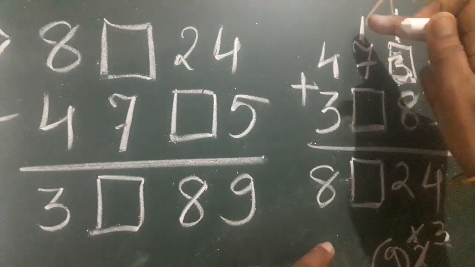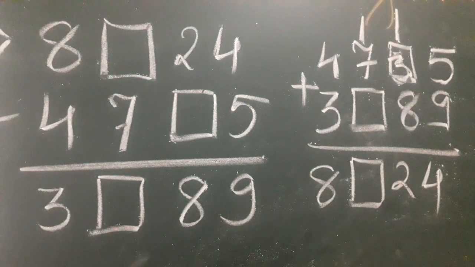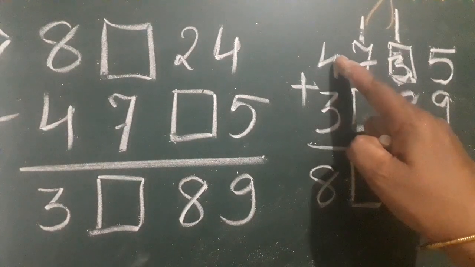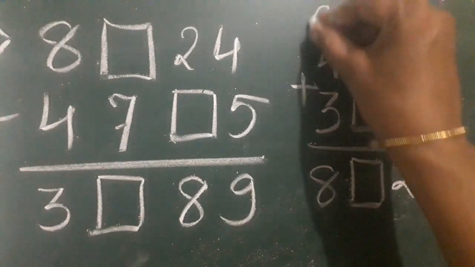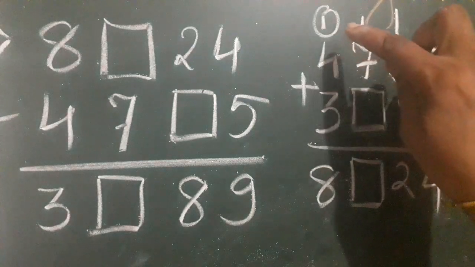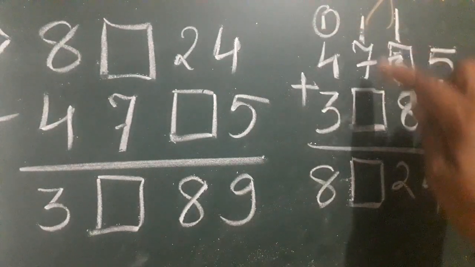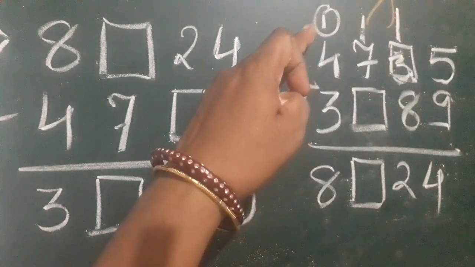Now here 7 plus 1, 8. Now what happens here? Okay, this is 8. Here this is 4 plus 3, 7, and here this is 8. So how can we get 8 when 1 is carryover, right? So 1 is carryover. Now I have to think this number according to when 1 is the carryover.